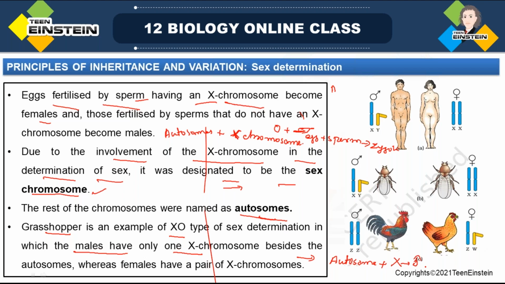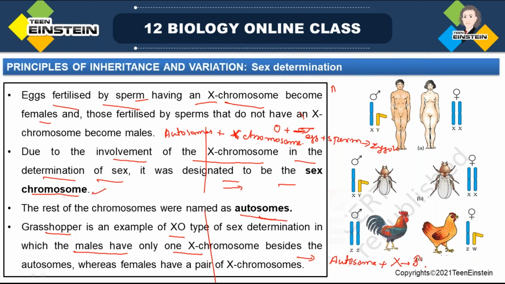And an example of XO type of sex determination, in which the male has only one X chromosome besides the autosomes, is seen in grasshopper. In grasshopper, you can see XO type of sex determination.